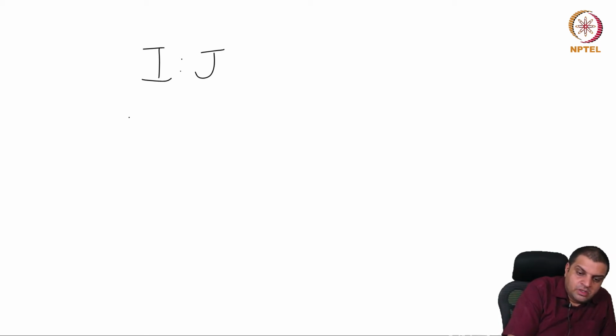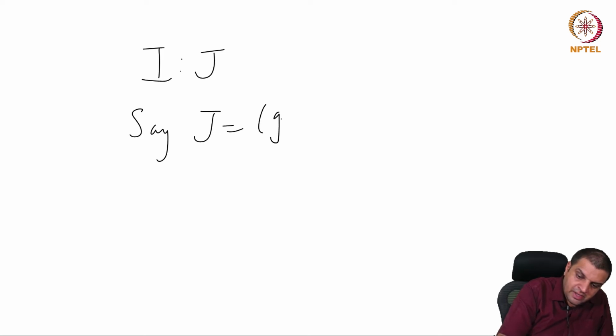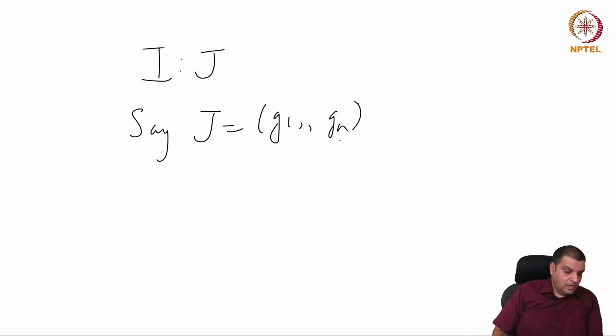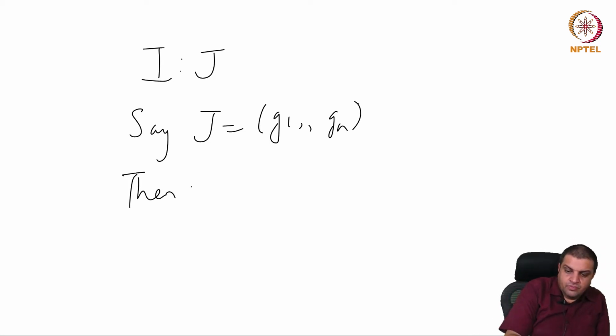But what about these? So if J is generated by G1 through Gn, then I colon J is the intersection of the I colon Gi.